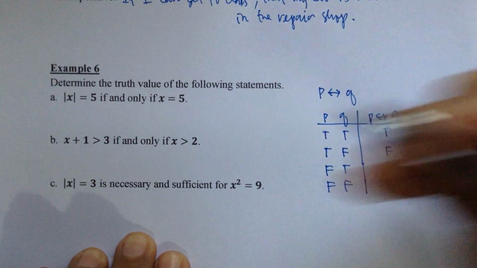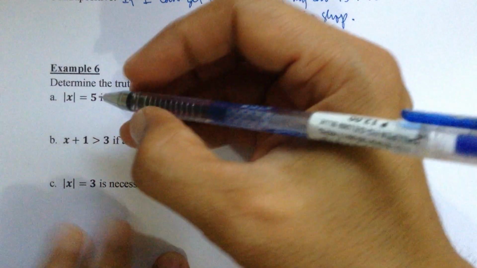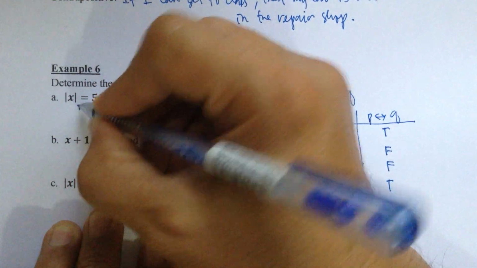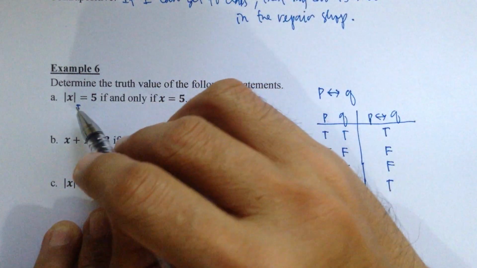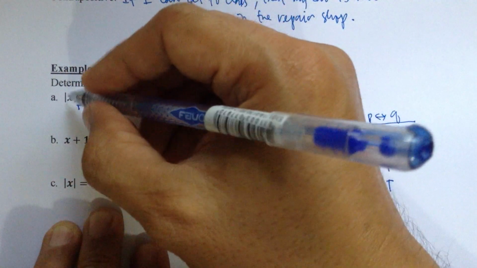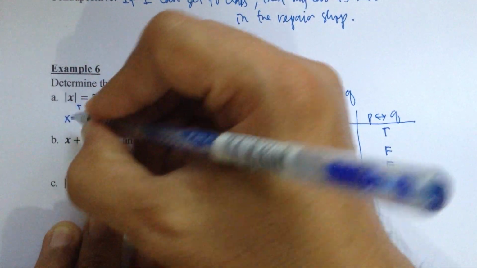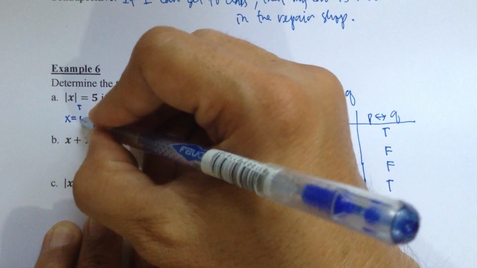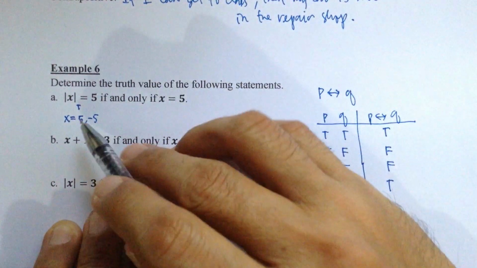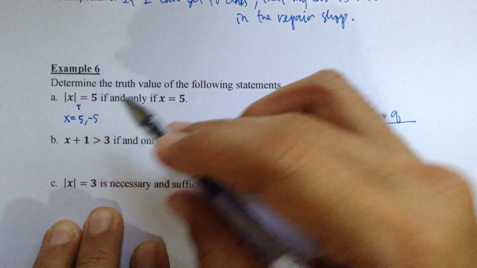For letter A, what is the truth value of this? Let's first assume that this is true. If this is true, what are the possible values for x that make this true? There are only two possible values of x, either 5 or negative 5, because the absolute value of 5 is 5 and the absolute value of negative 5 is 5.